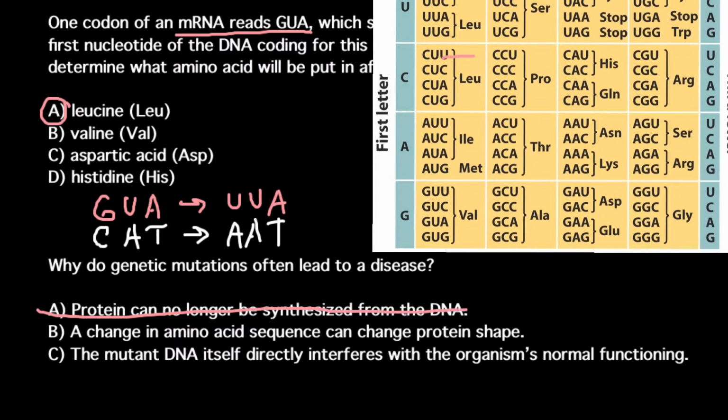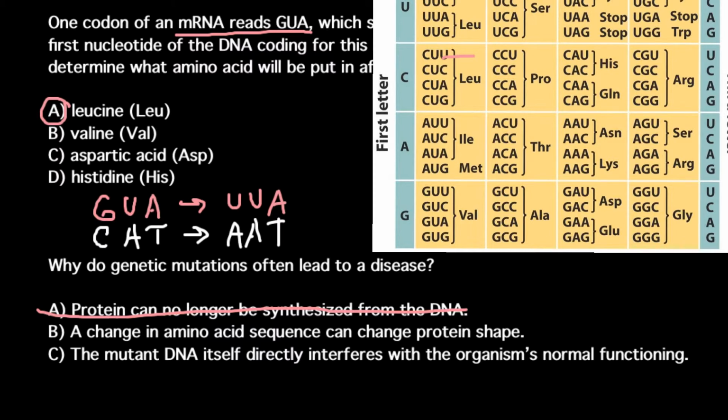The next answer would be: a change in amino acid sequence can change protein shape. This is true. Let's check answer C: the mutant DNA itself directly interferes with the organism's normal functioning. This is not true.